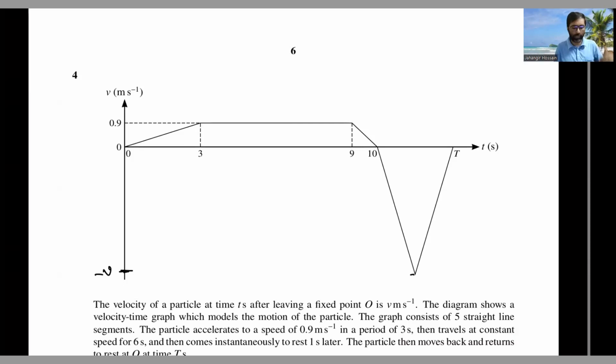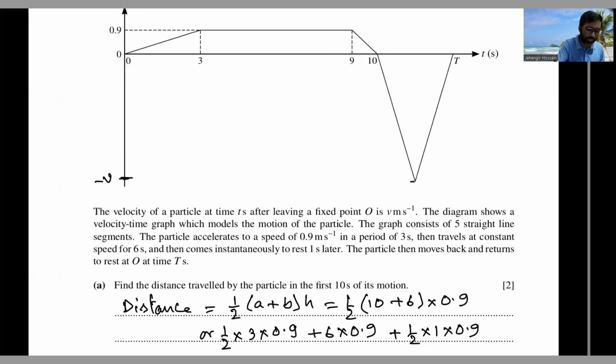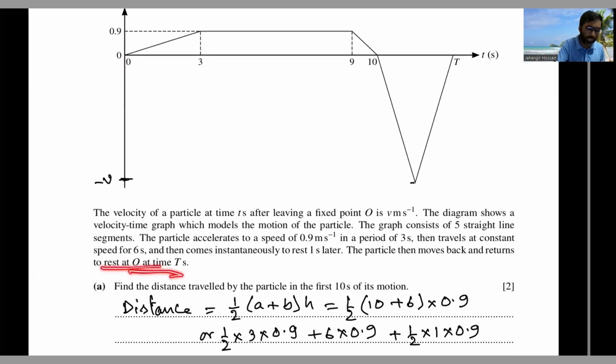Remember, the particle starts from O at t equal to 0 and returns to O at 12 seconds. The particle starts from rest at t equal to 0.